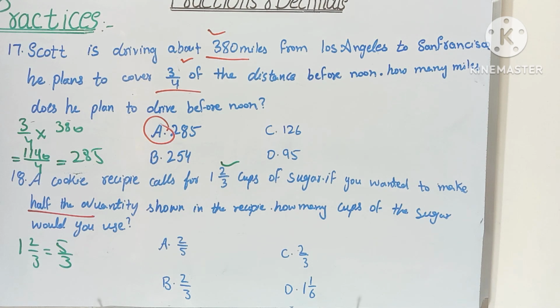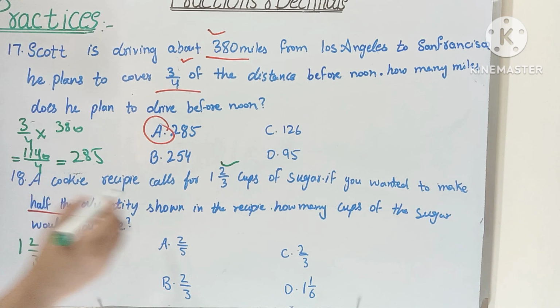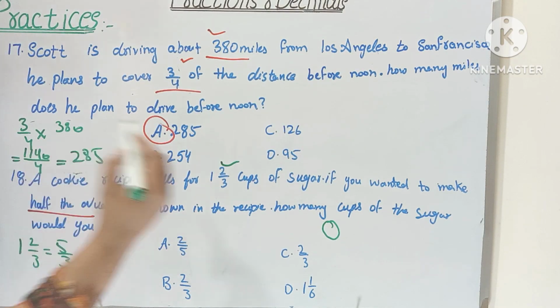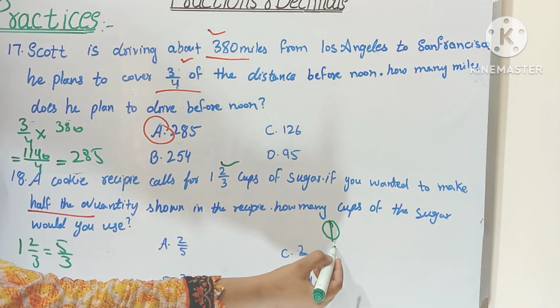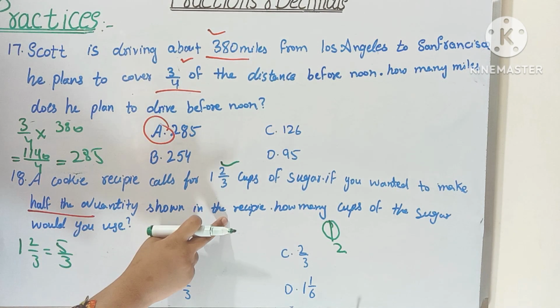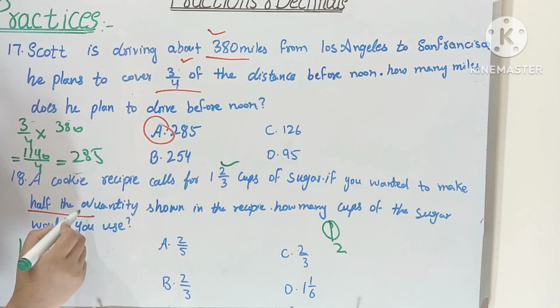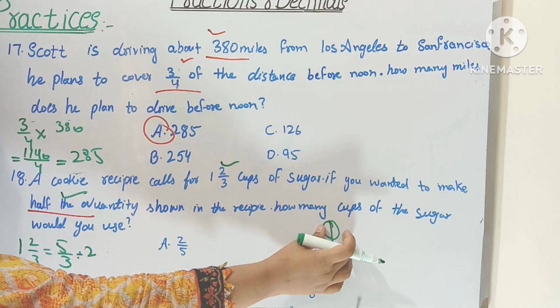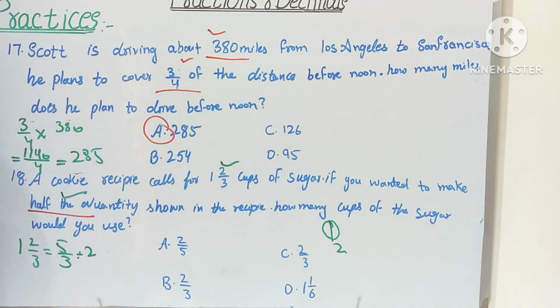Now, what we will do? Half means divide. Just like there is a pizza, when we half, it means it's divided into 2 parts. So, I will divide the cups of sugar by 2. Why? Because when I half, it becomes 2 parts.